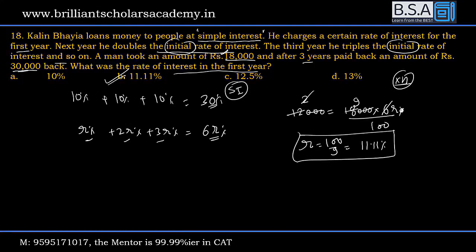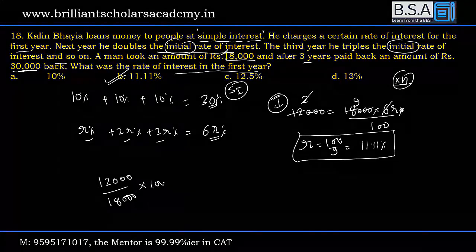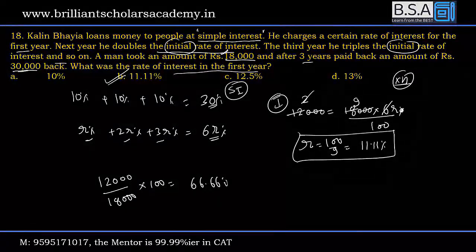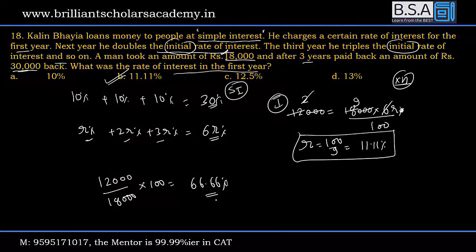Or what else you could have done is, एक बार आपको समझ गया 12,000 is the interest. 12,000 कितना परसेंटेज होता है? What percentage is 12,000? It is 66.66% interest. And 66.66% interest is equal to 6R percentage. ये कैंसिल हो जाता, 11.11% आता आपका.